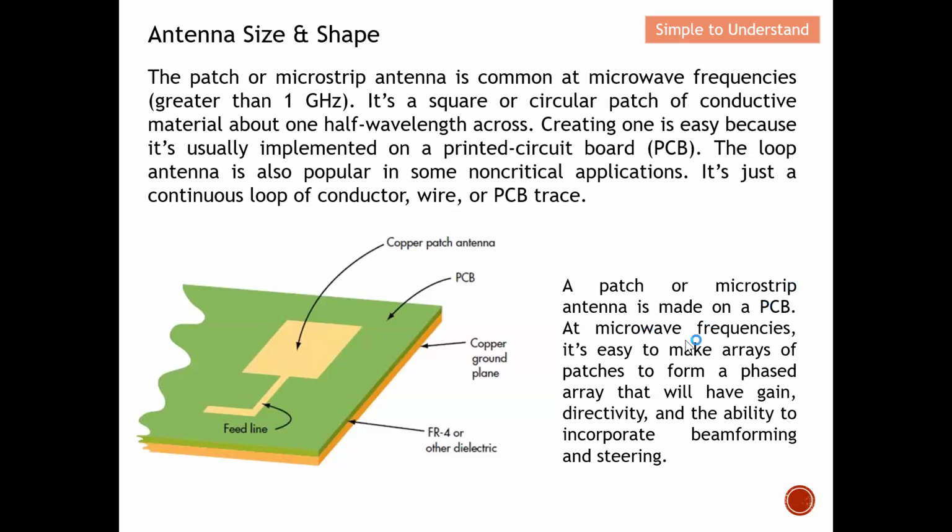At microwave or very high frequency, it is easy to make an array of patches to form a phased array that will have gain, directivity, and also the ability to incorporate beamforming and steering. So you can imagine we have lots of patch antennas. With that, we can have better gain, and we can also have better directivity because we can steer the beam. So basically this is for the patch antenna.